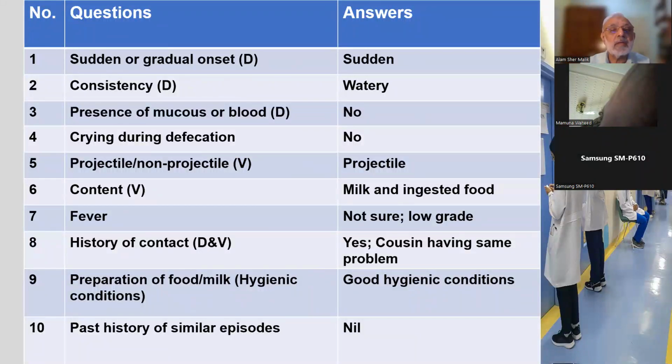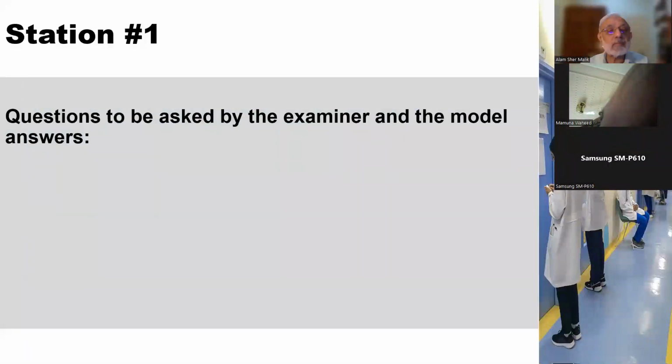For example, if students ask about the consistency of the stool, the mother would say it's watery, or whether there is presence of mucus or blood, and the mother would answer no, because we have to have these model answers to arrive at a diagnosis which we want students to answer in response to our question.